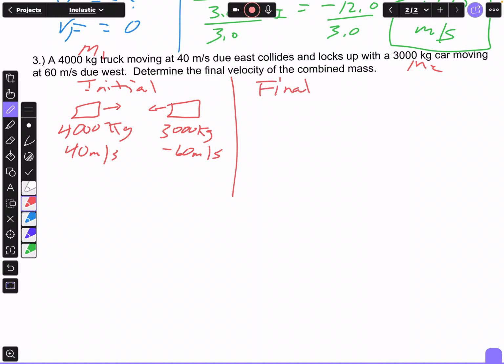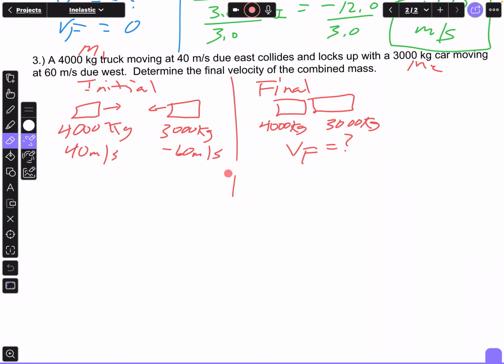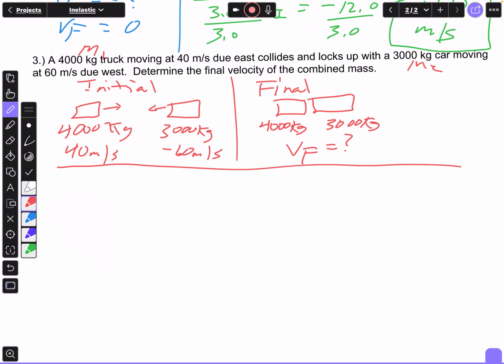After the collision, they're going to lock up, and then I know after they stick together, the first mass is 4,000 kilograms. The M2 is 3,000 kilograms. And their final velocity is what I'm going to be looking for. Now I'm going to write down my givens. My M1 is 4,000 kilograms.